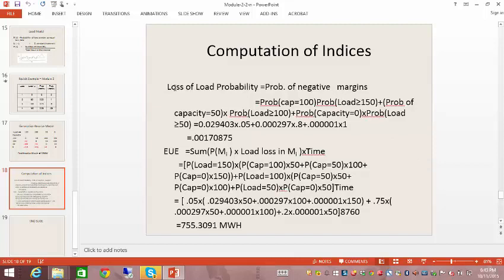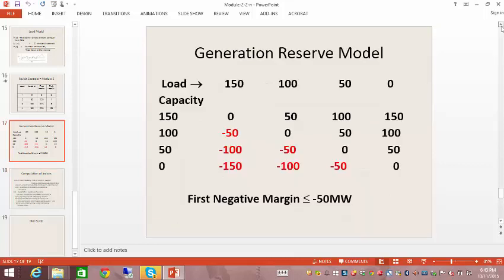So you can see over here that the loss of load probability is equal to the probability of the negative margins, and this can be computed by the probability the capacity is equal to 100 times the probability the load is greater than 150 in this case.